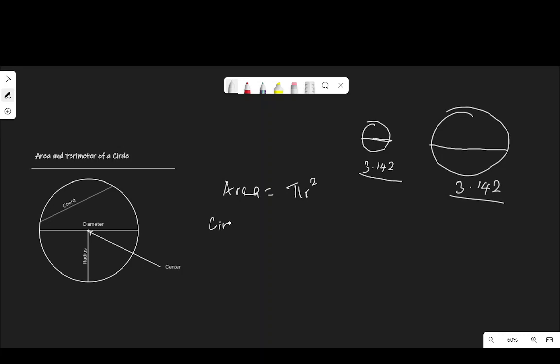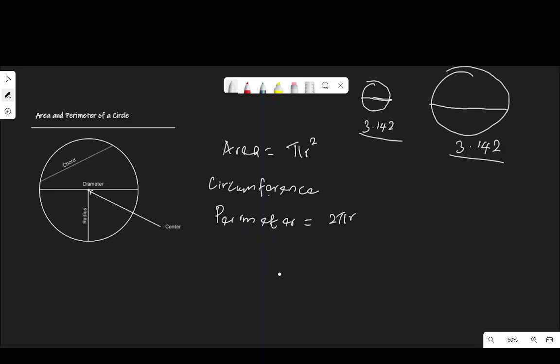The circumference of a circle is also known as the perimeter of the circle. And the formula is perimeter or circumference of a circle is 2 pi r. That is 2 times the constant pi times the radius will give you the circumference of a circle.